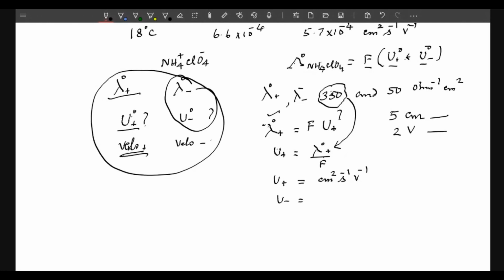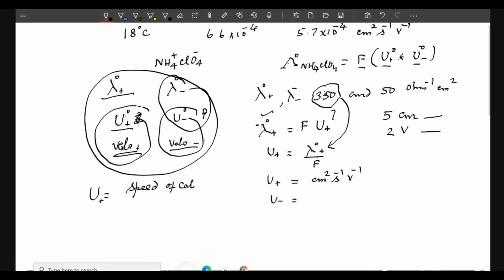The next question asked is the velocity of the ions. Now you know the parameters. What is the relation between these two? The U of any ion, this is called speed of the cation. Plus means speed of cation. Velocity means they are asking U multiplied by potential gradient. How to calculate the potential gradient?